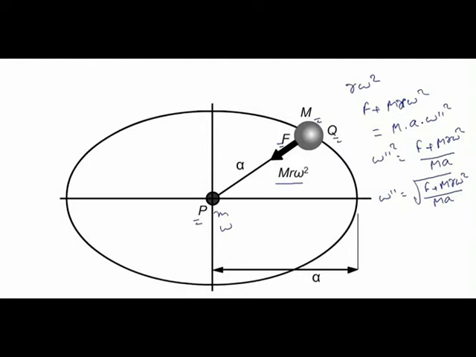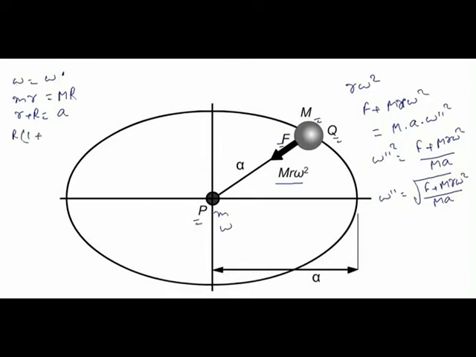Now we have already seen that if these two objects are moving with angular velocity omega and omega dash, then omega was equal to omega dash, and m into small r was equal to capital M into capital R, and r plus R was equal to the distance between the two objects, that is a.